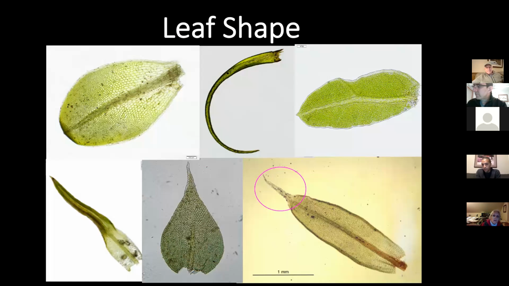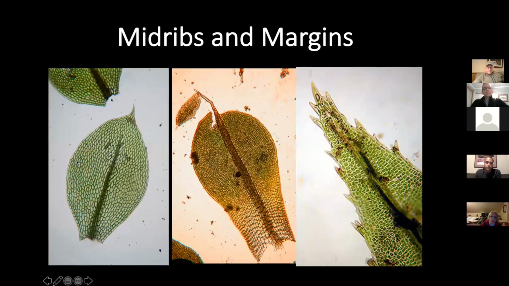And just like higher plants, there's lots of differences in leaf shape. Some have rounded leaves, some have these long, thinner leaves, or ones that look like sickles. Some have these little points at the end, or maybe a shorter point. Looking at the margins, are they smooth or toothy? And this structure in the center of the leaf called a midrib is often a key feature.